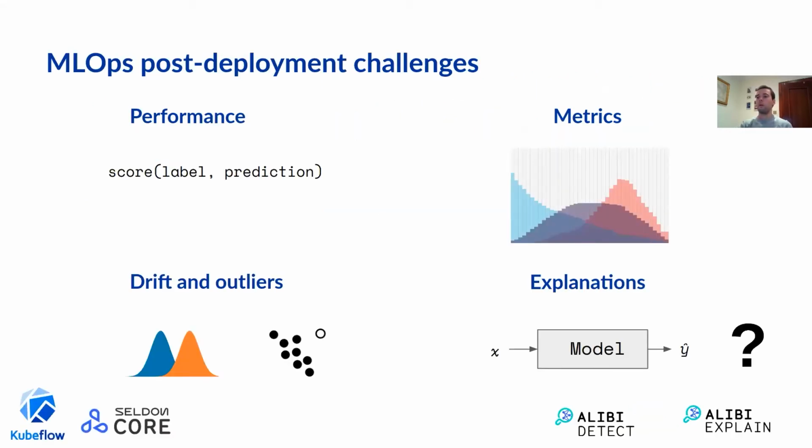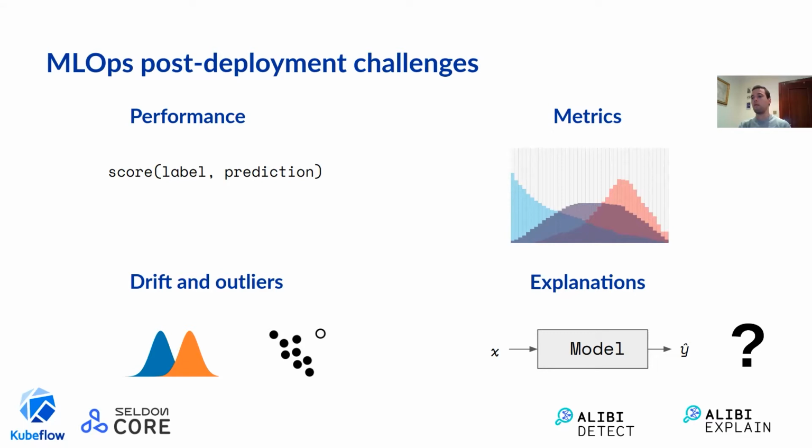So, as you probably know, the machine learning lifecycle extends well beyond the deployment stage. And a big challenge in MLOps is post-deployment monitoring to ensure you have a continued high-quality service provided by the ML model. But unlike traditional software monitoring, which involves logging metrics like request latency, frequency, or server loads, ML applications are actually more demanding.